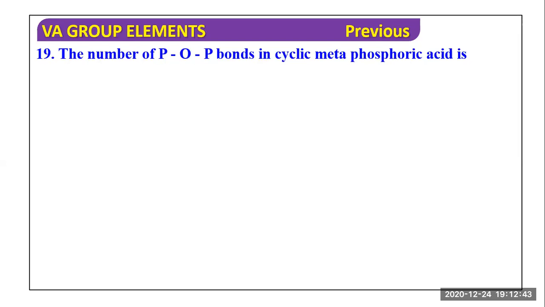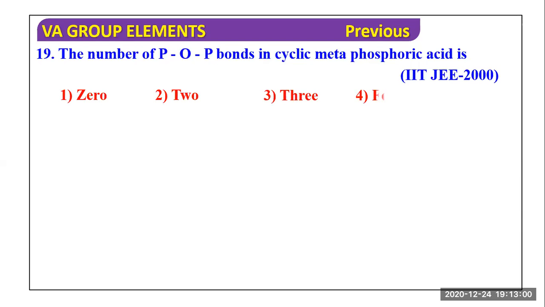The number of P-O-P bonds in cyclic metaphosphoric acid is: is it 0, is it 2, is it 3? It is 4.